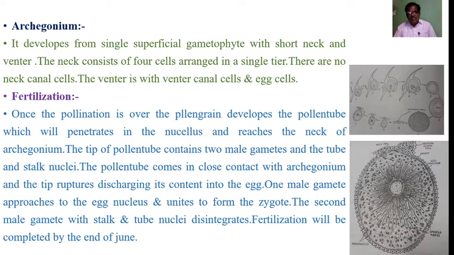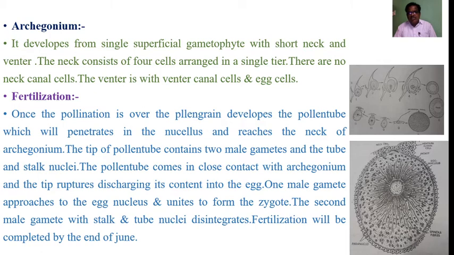So fertilization which is completed in such a way is single fertilization. Like in angiosperms, it is not a double fertilization, but only single fertilization, because the stalk cell and tube nuclei degenerate.